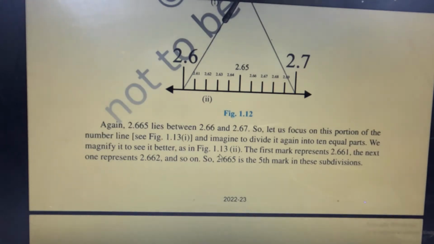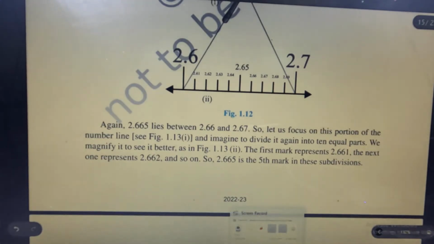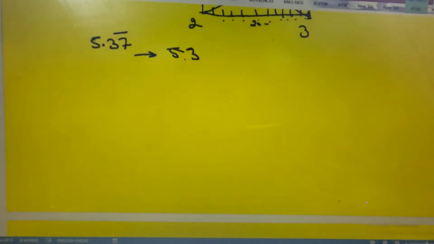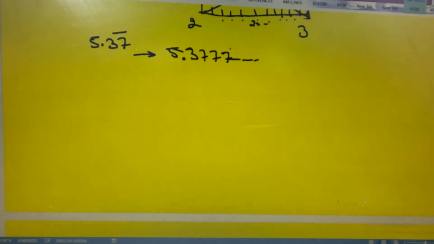So we take an example. Visualize the representation of 5.37 bar. If we want to visualize 5.37 bar, how can we represent it? What is the value of 5.37 bar? It means the value 5.3777 and so on.